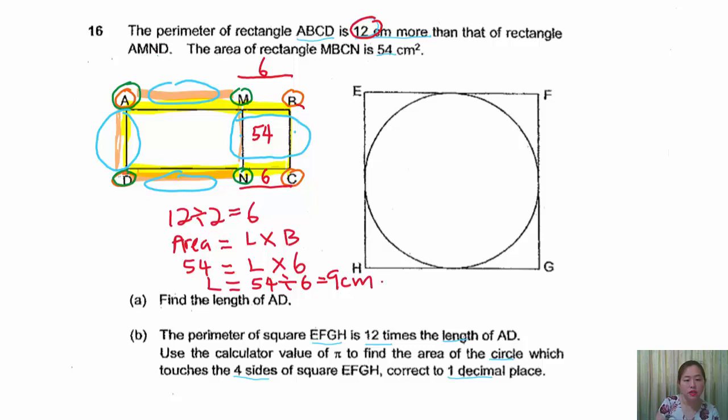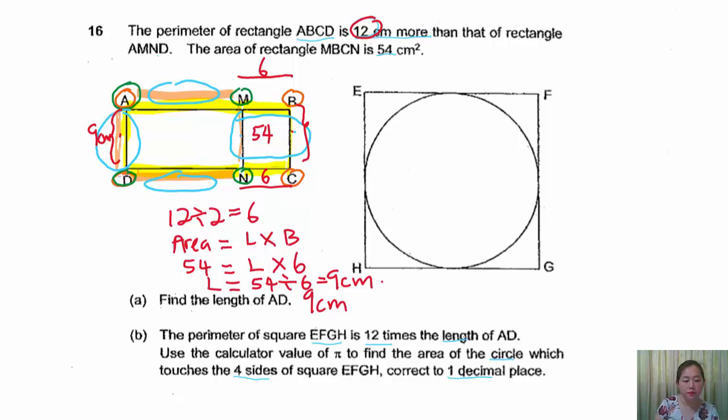Since this is 9 cm and this is exactly on the opposite side, we know that this is also 9 cm. Therefore, length AD is actually 9 cm.